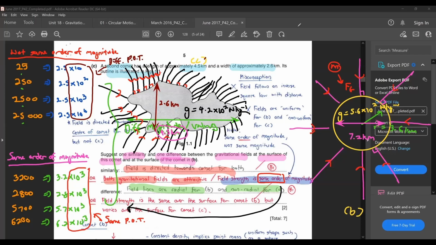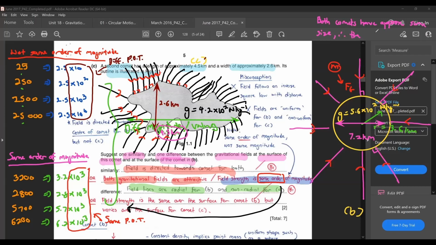All right. So what I will just mention here is this. Both comets have approximately same size.